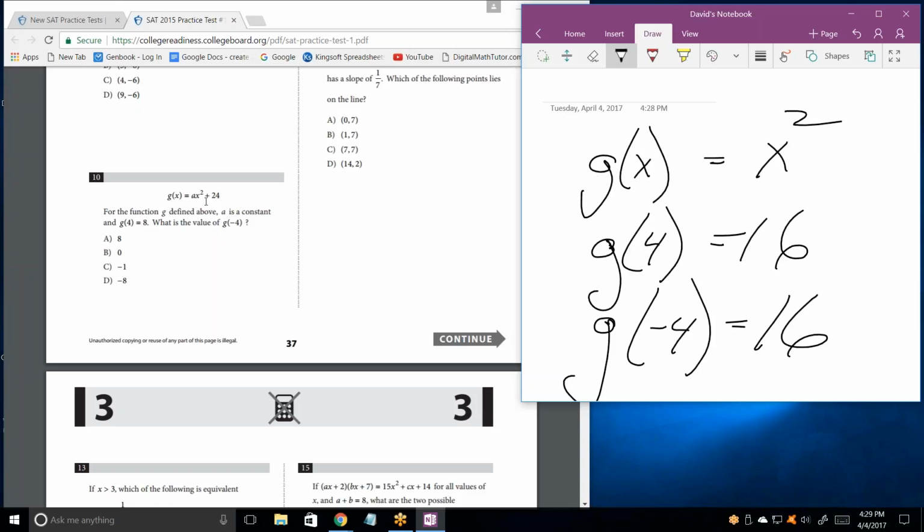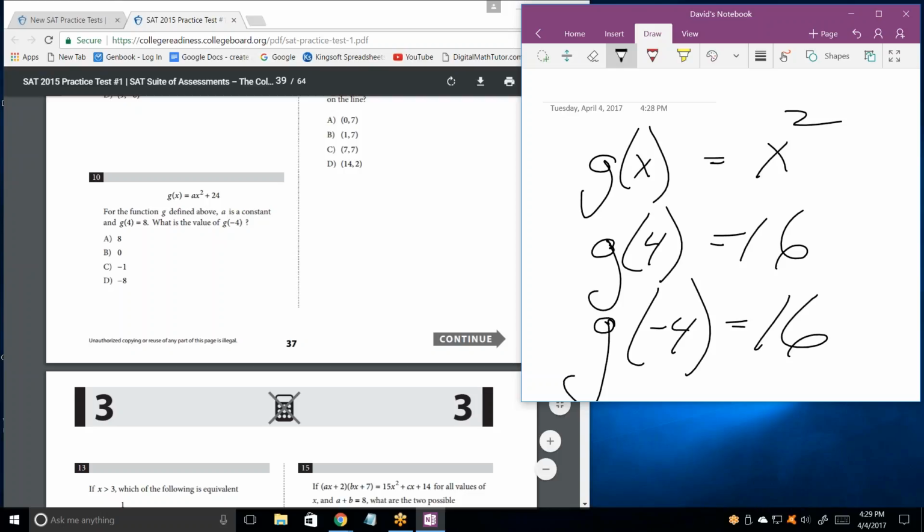And that's the other thing the SAT tends to do, is they put in little shortcuts. If you happen to recognize stuff like this, then you can do the problem in 10 seconds instead of 30 seconds. In other words, there was the hard way to do this problem, and then there was the easy way of recognizing that because it's an x squared, not an x cubed, the negative number has to give you the same answer as the positive number.